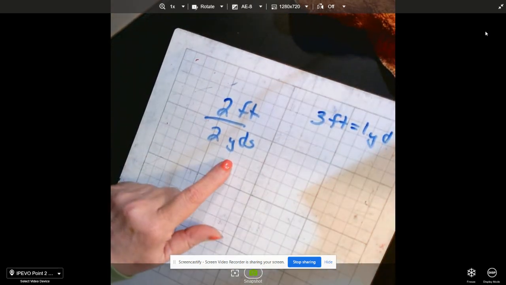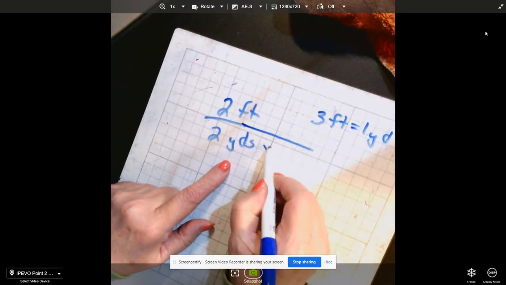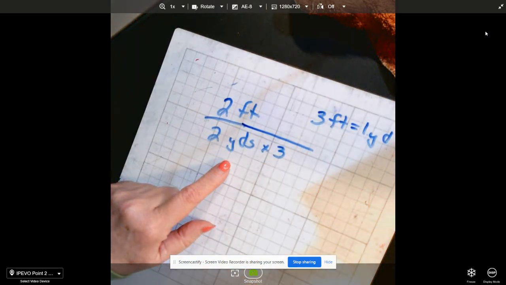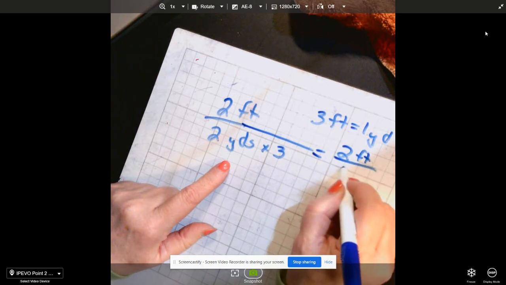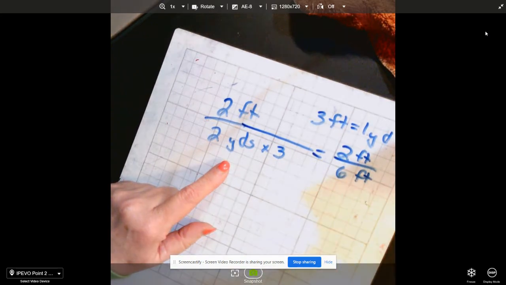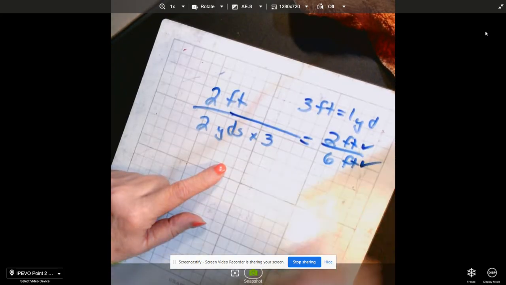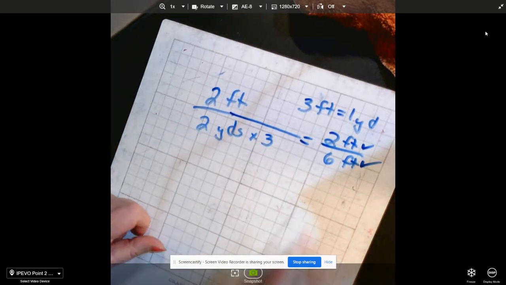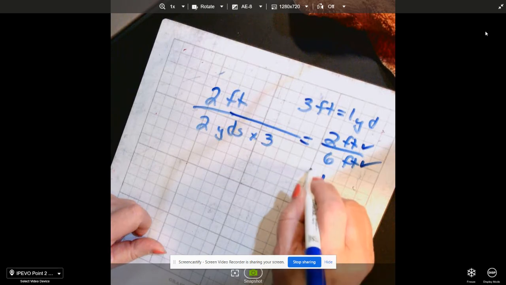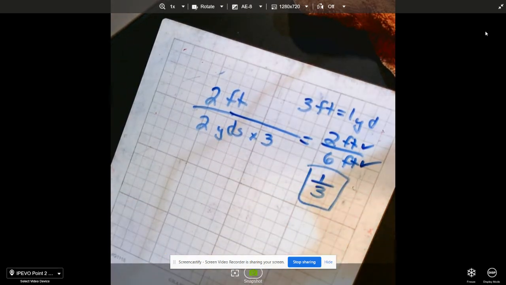So I can change these yards into feet by multiplying by 3. So now I know 2 yards will be the same thing as 6 feet. Now my units are the same, so I can reduce the fraction. I can divide the top and the bottom both by 2. So I know that this ratio is 1 to 3.